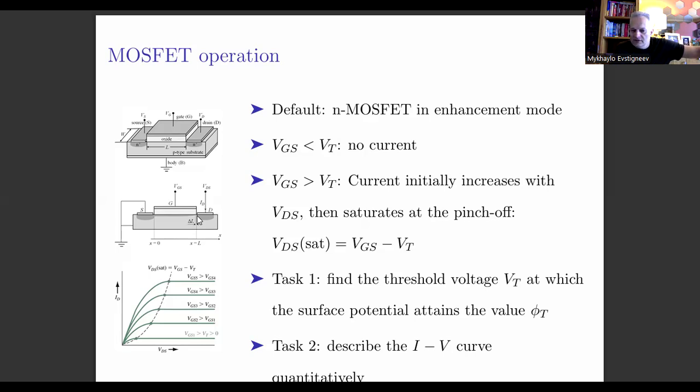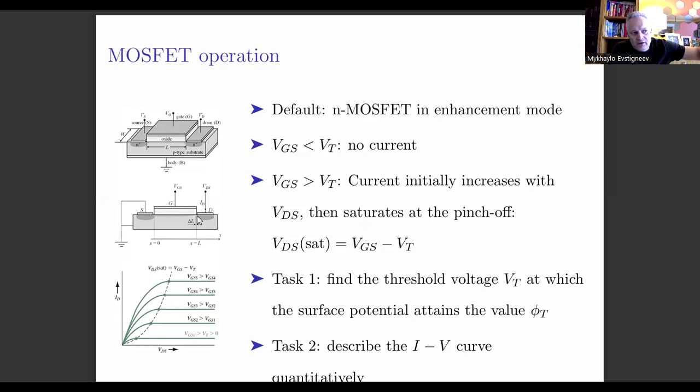But what if the semiconductor is kept under the potential of half a volt? Then if you apply 1 volt to the gate, this will not be enough to create the inversion layer. You will need to apply the voltage of 1.5 volts, right? You need to apply the voltage which is higher by the threshold value V sub t than the value of the potential at the surface of the semiconductor.